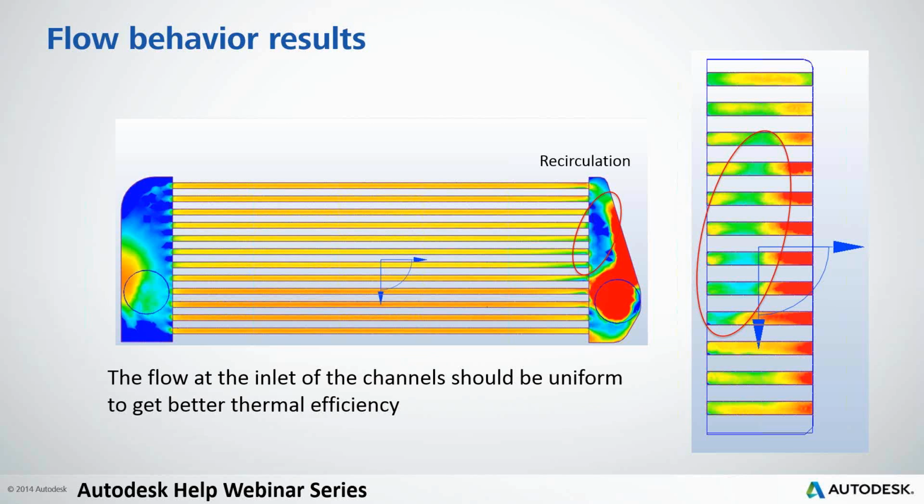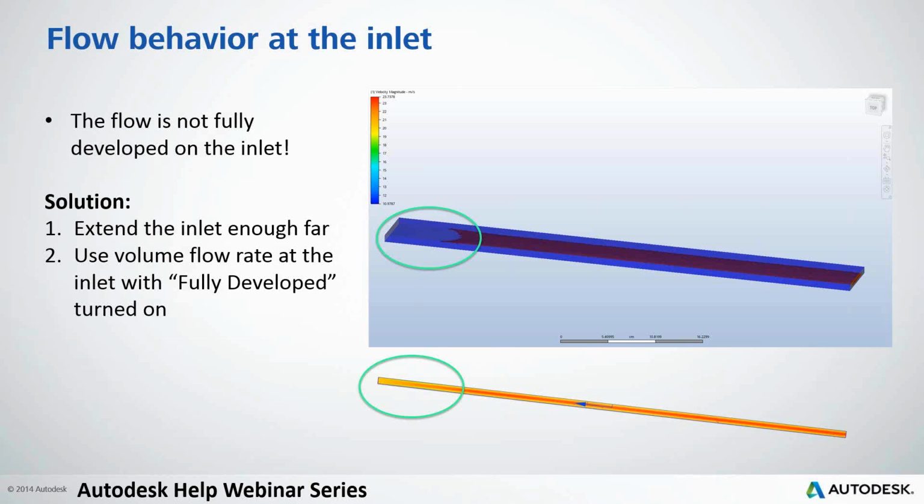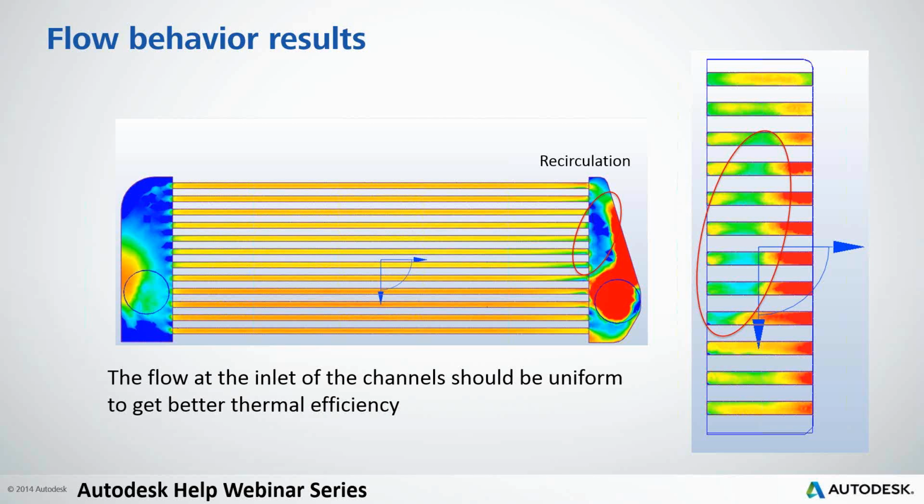So the two solutions to get rid of this are either to extend the inlet or to define a volume flow rate and check the fully developed option.